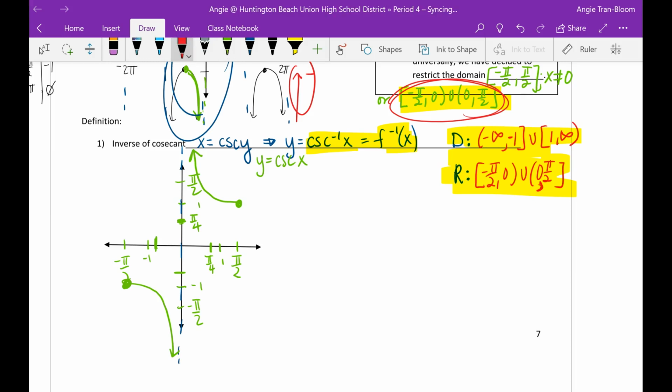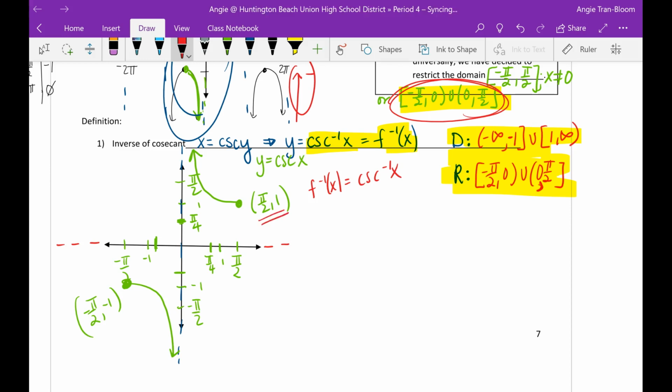Now I'm going to use red to do the inverse. Let me label the points for you. This is pi over 2, comma 1. This is negative pi over 2, comma negative 1. So the inverse, if you had a vertical asymptote before, now it becomes a horizontal asymptote. Now again, I'm doing red. f inverse of x equals cosecant inverse of x is the red piece.